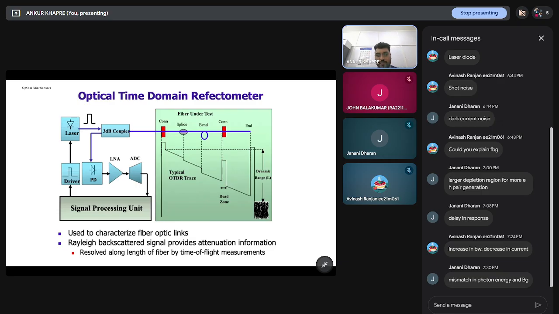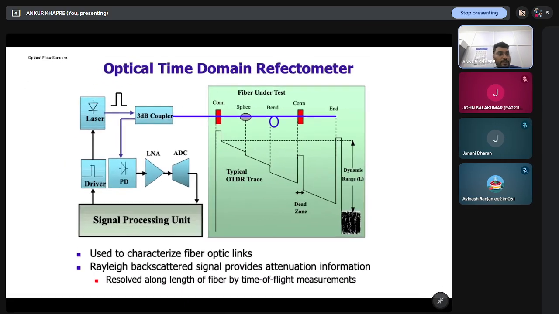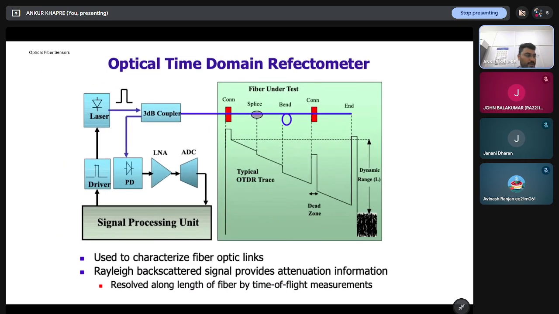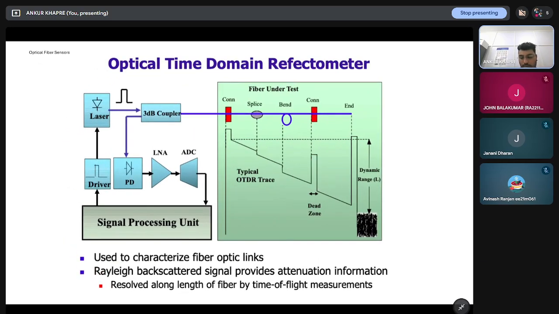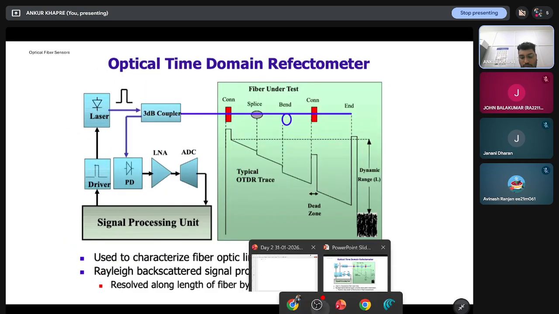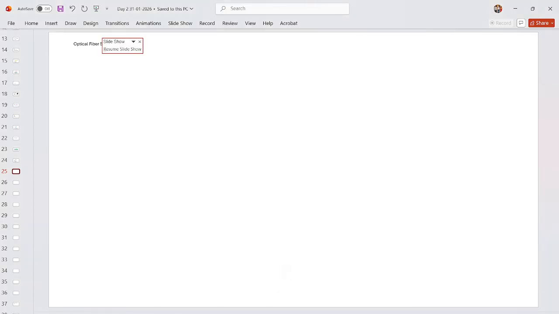Can I ask a few questions to you guys if you are interested? Maybe you can discuss the drift velocity, like how and why the drift velocity can't go up after a certain level. What could be the reason? You have drift velocity for a photodiode, suppose we are using electron and hole pairs, they will have some particular drift velocity.